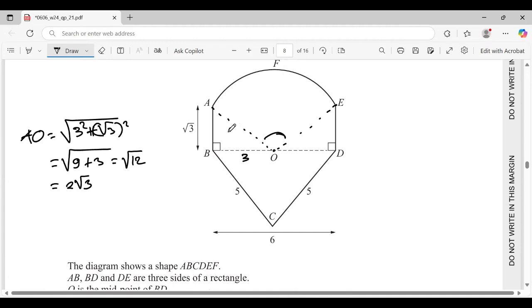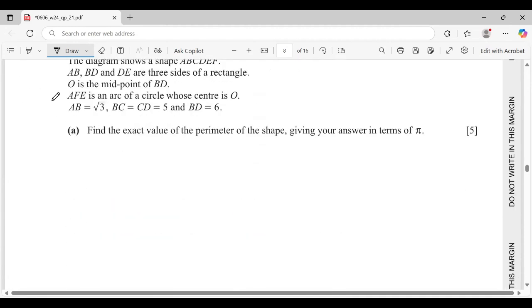So this is 2 square root 3. So the radius, AO is the radius and OE is the radius. The radius is 2 square root 3. Now we're going to find the arc length of AFE. The arc length, over here.